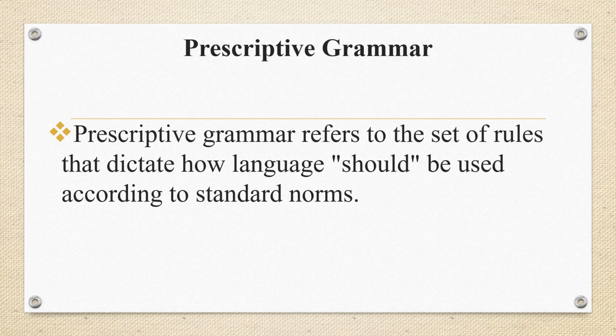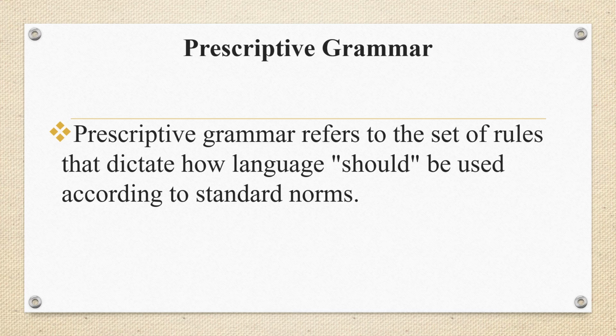Next, ending a sentence with a preposition. Prescriptive grammar often discourages ending sentences with prepositions, favoring phrases like 'that was the aeroplane on which I traveled' rather than 'that was the aeroplane which I traveled on.' So we shouldn't end a sentence with a preposition.